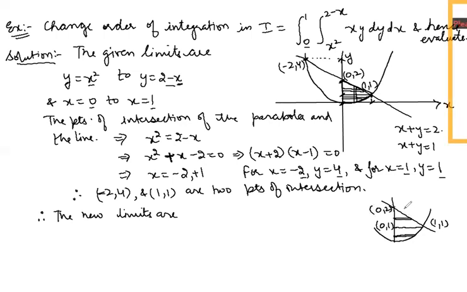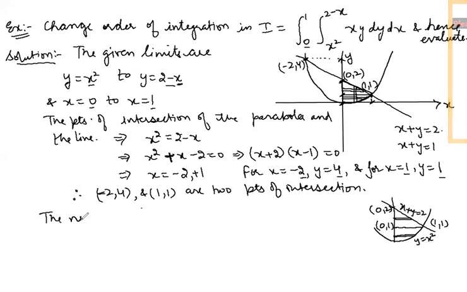Okay, and this line, we know which line this is: x plus y is equal to 2 and this is the parabola y is equal to x square. So now the new limits, there is no need to write the new limits. I will just write the new integral.